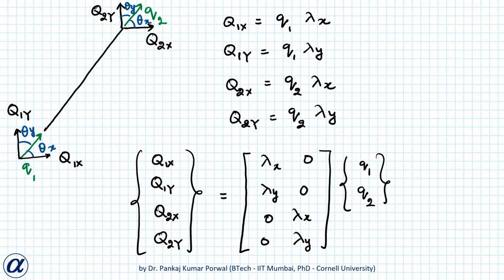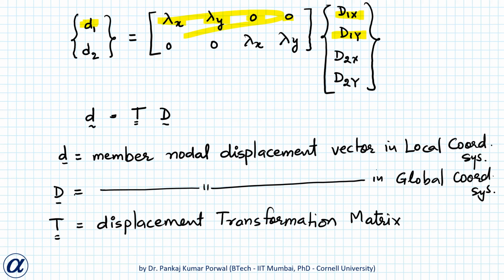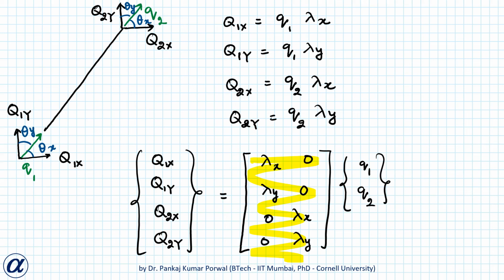And here note that this matrix is the transpose of this matrix here. So I can write these as capital Q equals T transpose small q.